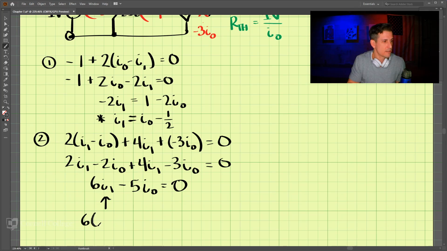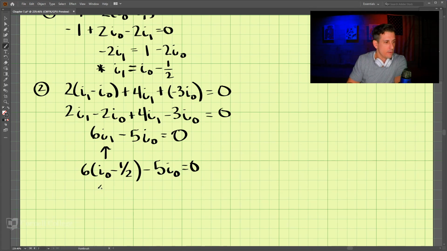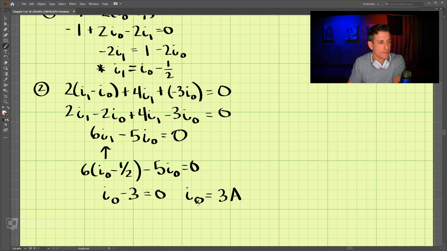So we have 6 times I naught minus 1/2 minus 5I naught equals 0. Okay, so that's I naught minus 3 equals 0. So I naught is equal to 3 amps. So that is one part of the solution.